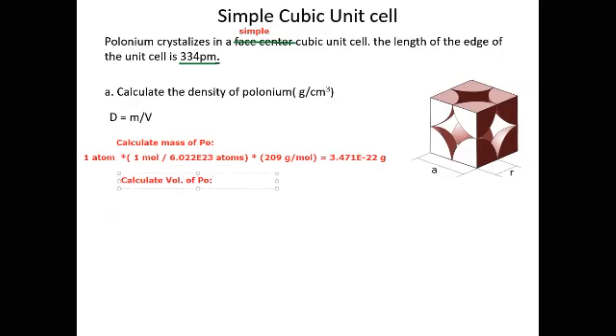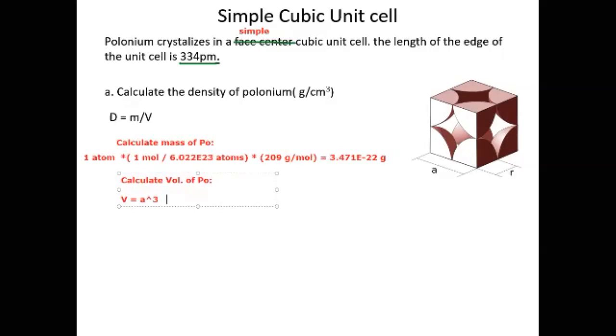So remember, the volume of a cube equals the side, which is A, cubed. So if we know the side of the cube, we can cube that value to find the volume of a simple cubic unit cell of polonium.